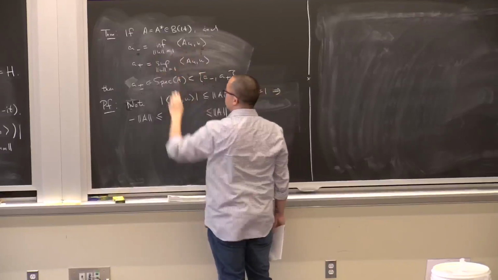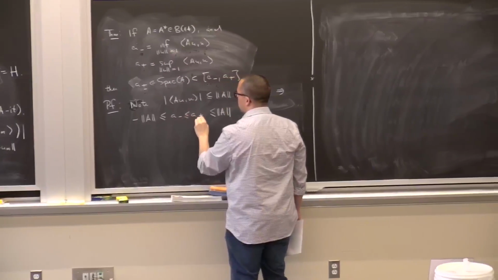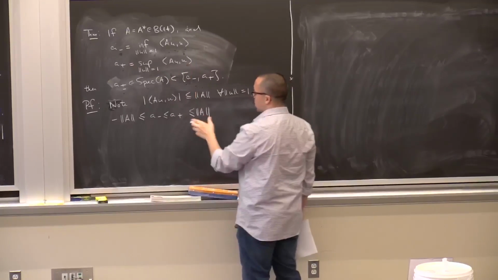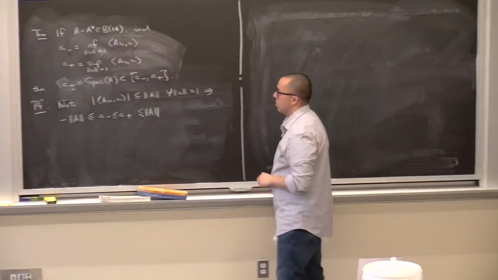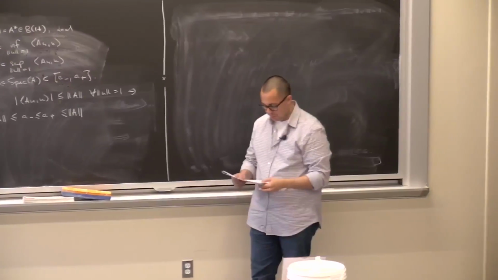So this infimum is bigger than it since it's the greatest lower bound. And the least upper bound of these quantities is always less than or equal to the norm of A. So these are actual numbers.